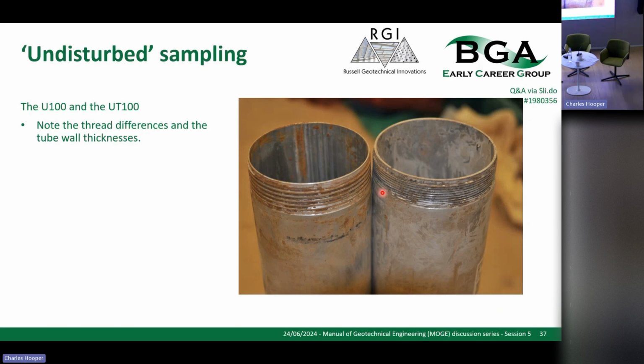The right-hand one is the original U100, which has a huge history, and in the old days it used to be called a U4, as in a 4-inch tube sample. The one thing that you will note is the very fine thread on it. That is always the giveaway that it is a U100 sample.